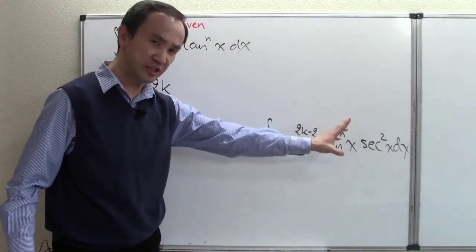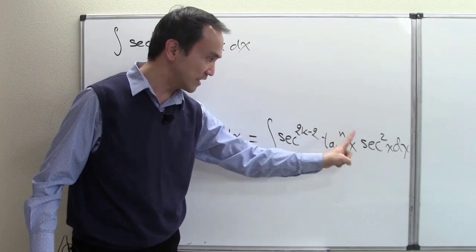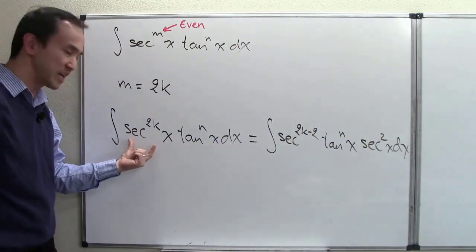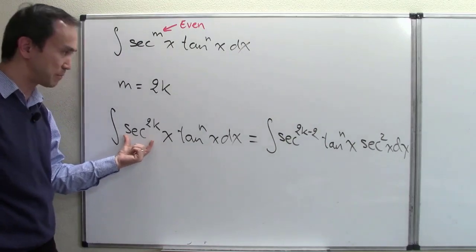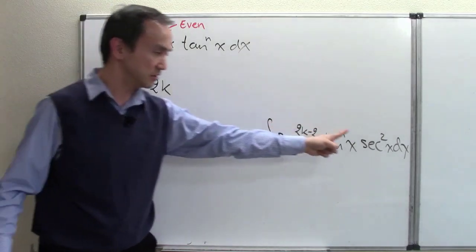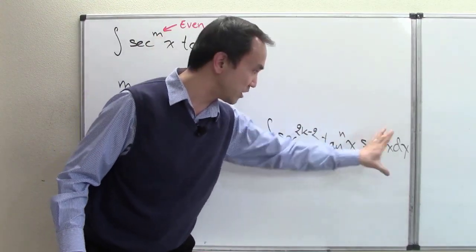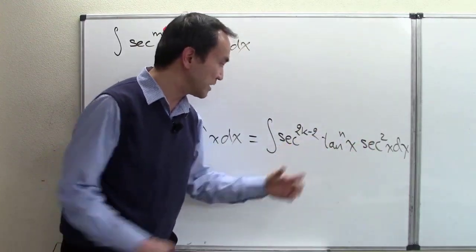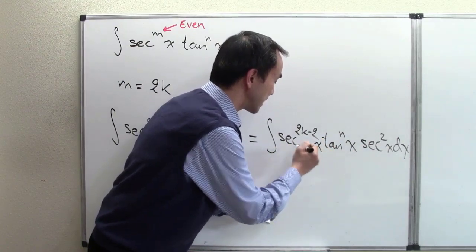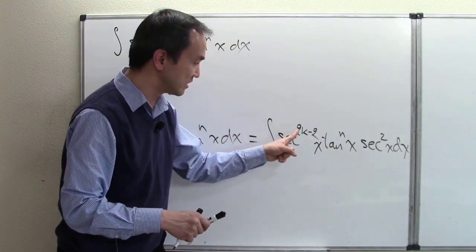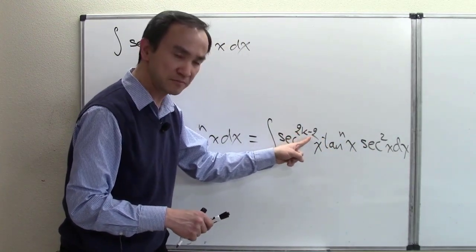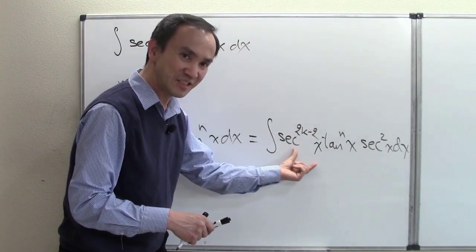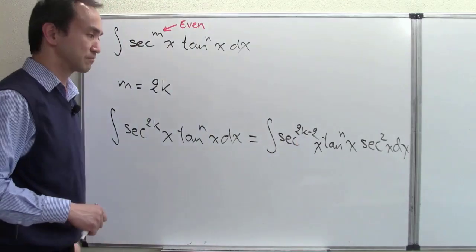What I just did, as I was saying earlier, was separating out a power 2 from that beginning even power. So I separate out a square of secant x, leaving behind secant to the power of 2k minus 2 of x. That's the starting step.